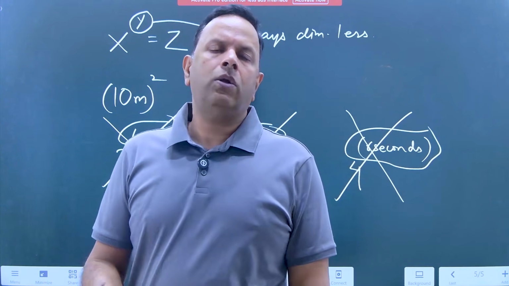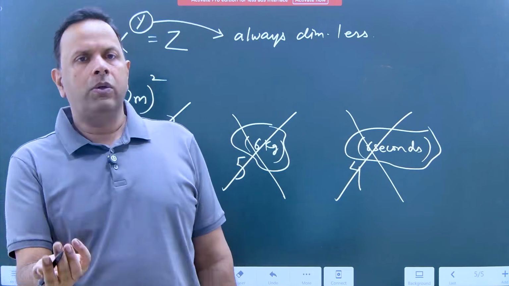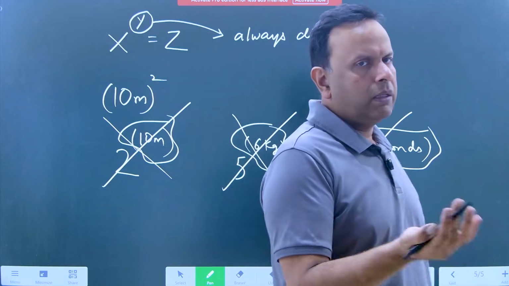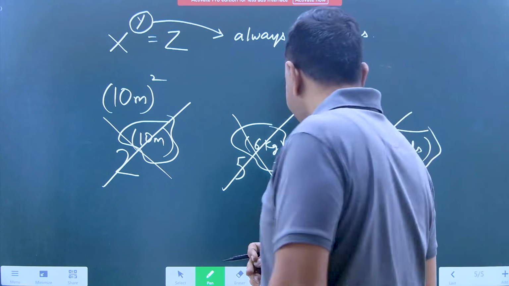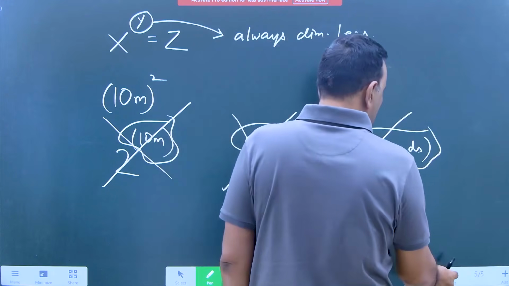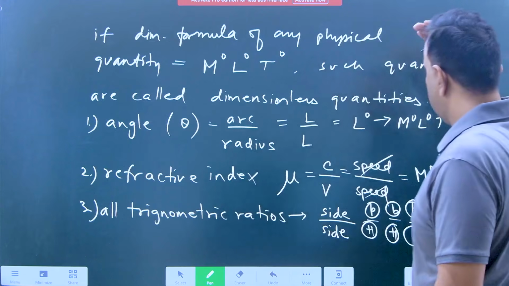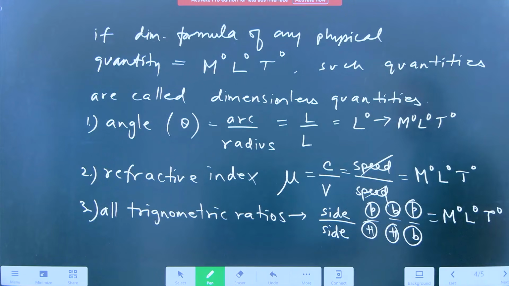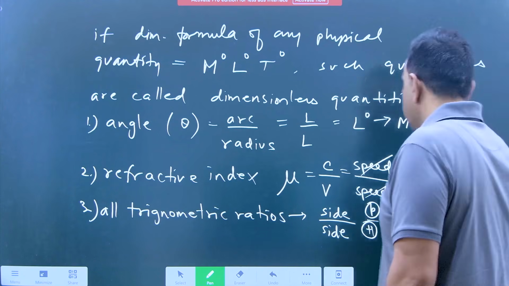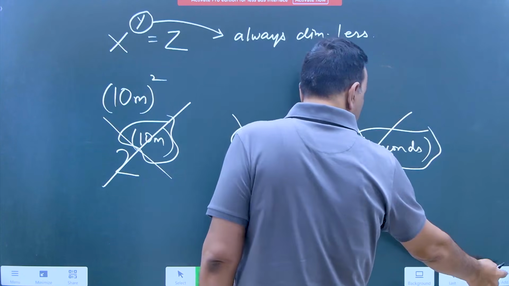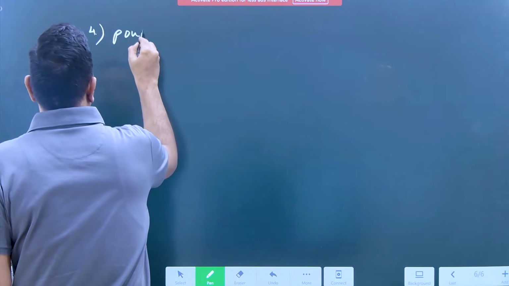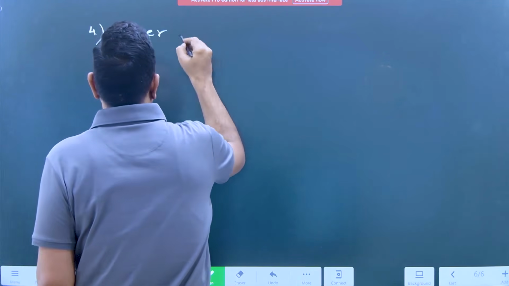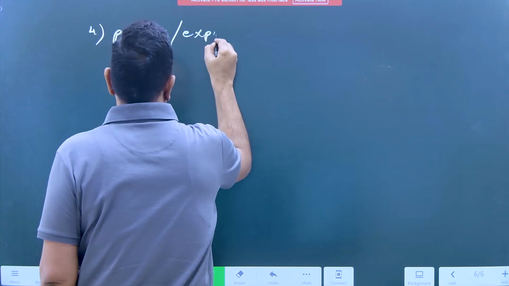Except for it, I cannot tell about anything because I told you that x, y, z are all unknown. So, a few names we took here: angle, refractive index, trigonometric ratios, and now to it add the fourth name, power or the exponent.